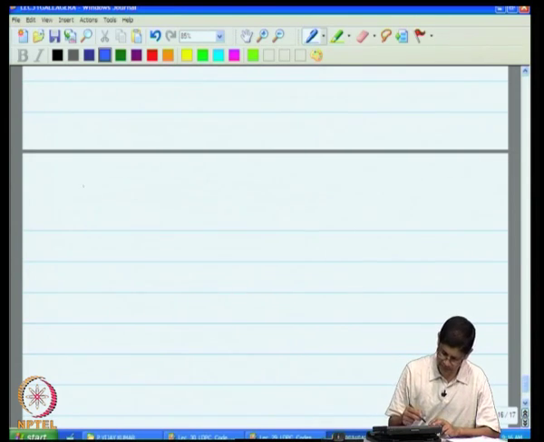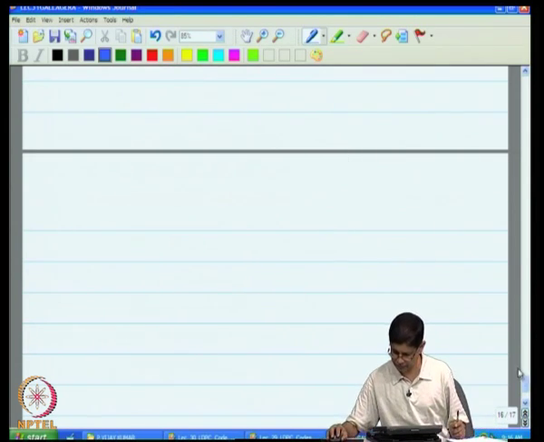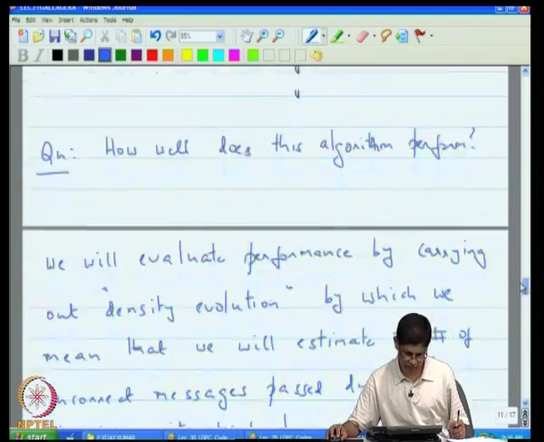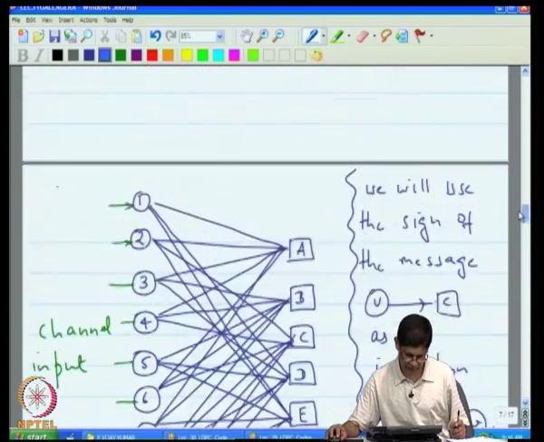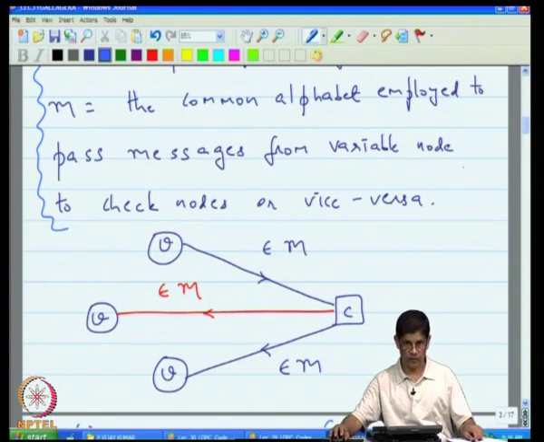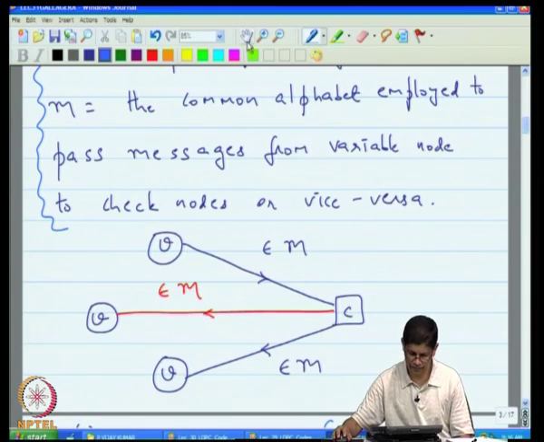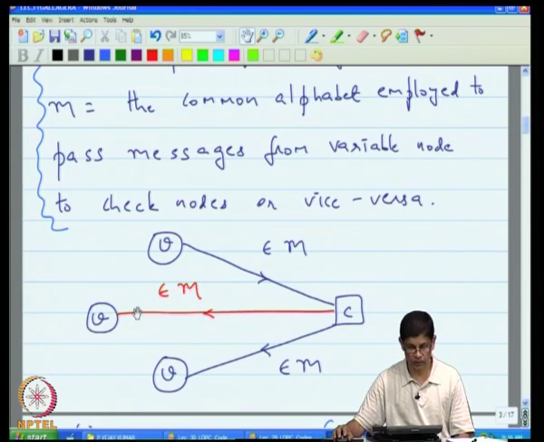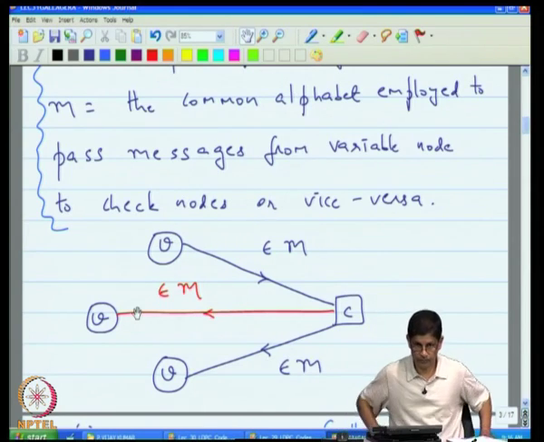We can actually say, so let us go back here and look at the picture of a check node. So, the probability that we are trying to evaluate now is saying, look, here is a check node and I am going to pass a message from a check node to variable node, and I want to know what is the probability that it is minus 1 or plus 1.